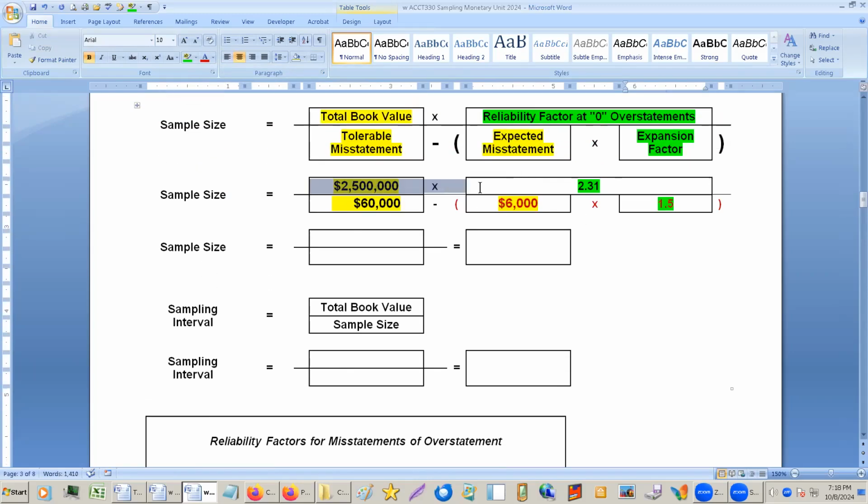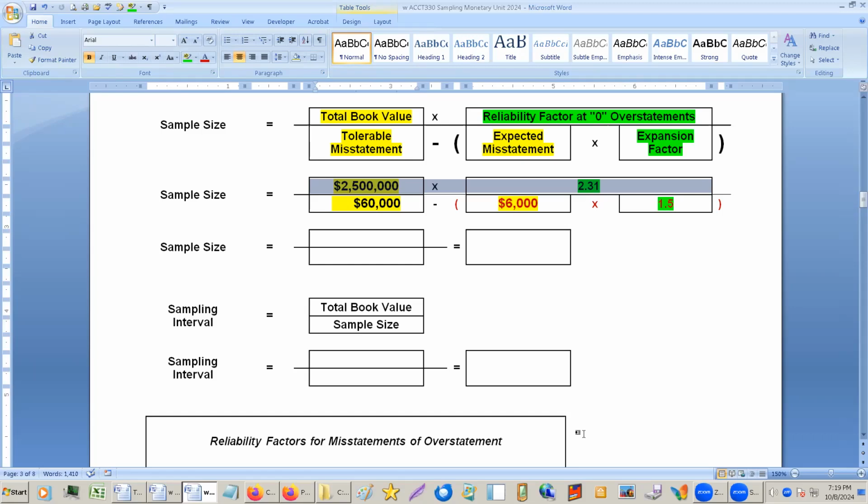Okay, so where's my code? All right, my batched up calculator here. 2,000,000.